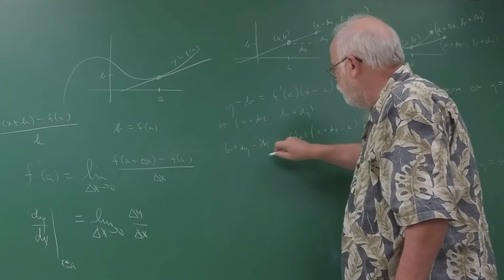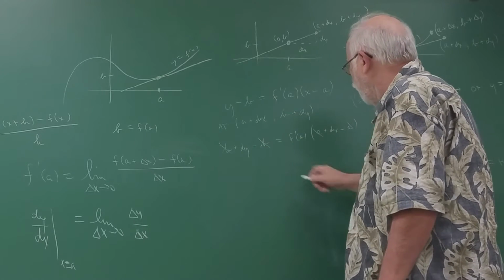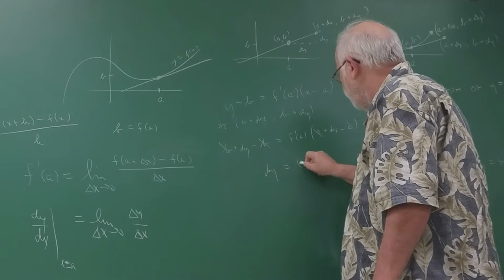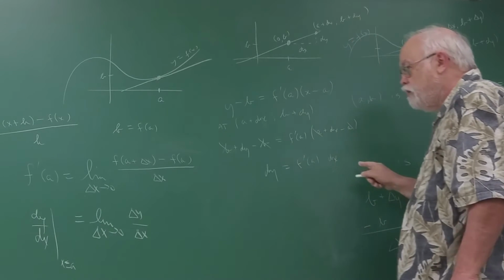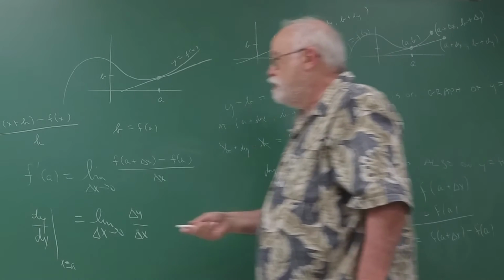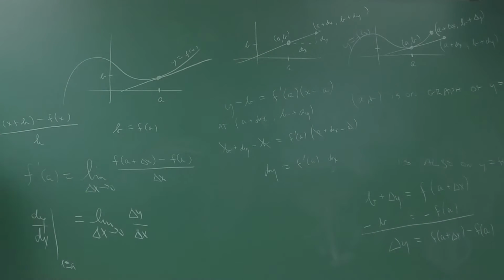So look at that, the b's cancel, the a's cancel, and I have dy equals f prime of a times dx, which is just what it should be.